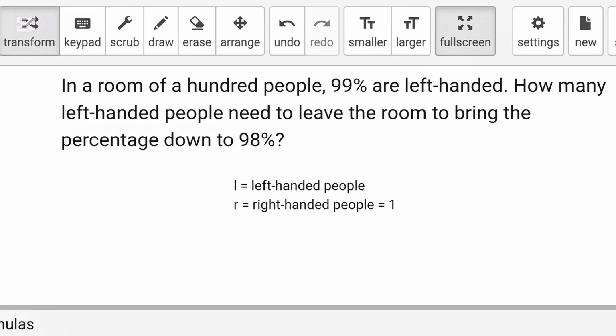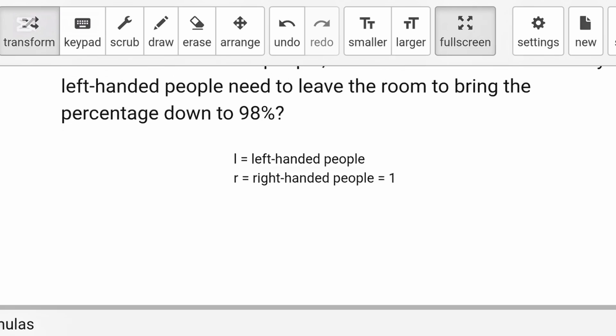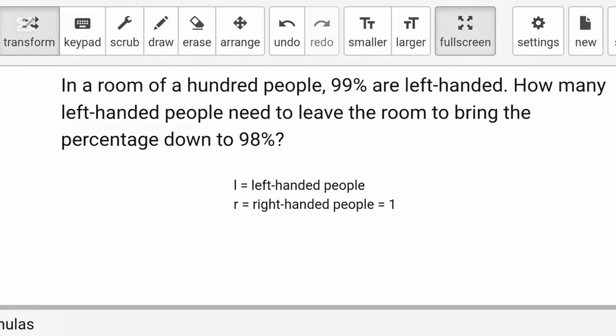It could be right-handed people, it could be ambidextrous people, but let's just say the remaining 1% is not left-handed. I'm going to conclude that that person is right-handed for this. So how many left-handed people need to leave the room to bring the percentage down to 98%?